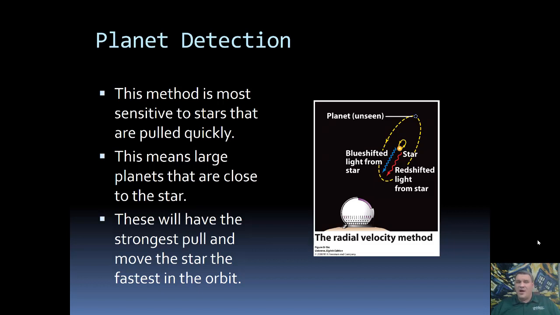Remember Kepler's third law. Planets that are close in move faster than planets that are farther out, and if the planet is moving faster, the star is going to have to move faster. So it's going to be sensitive to massive planets. The bigger the planet, the greater the velocity, and planets that are close in. The closer in it is, the faster it's going to move also.